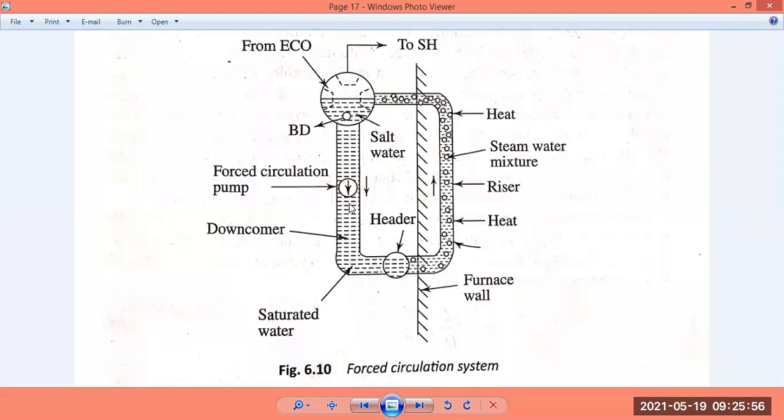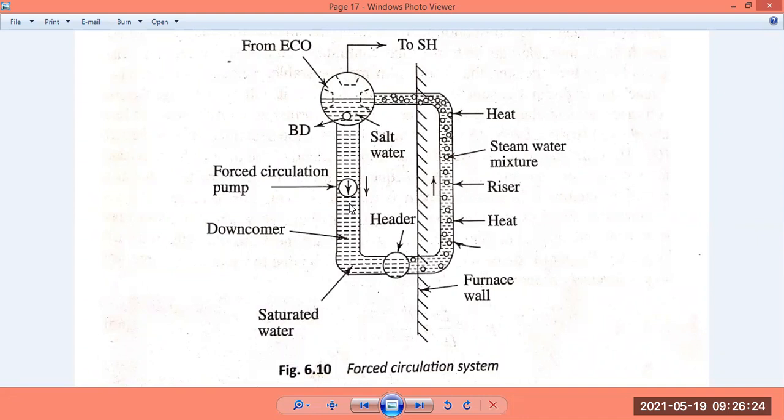However, if both are placed inside with the riser installed in the boiler zone, the tubes which are heated more will act as the risers and tubes which are heated less act as a downcomer itself.